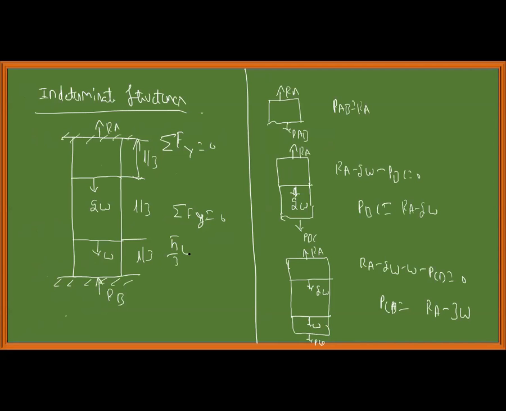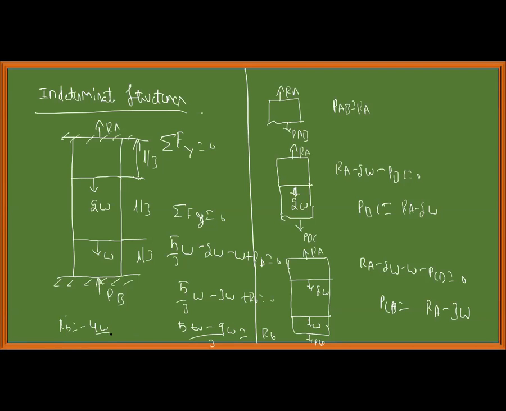Therefore, 5 by 3W minus 2W minus W plus RB is equal to 0. 5 by 3W minus 3W plus RB is equal to 0, so RB is equal to minus 4W by 3.